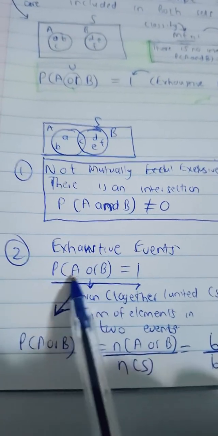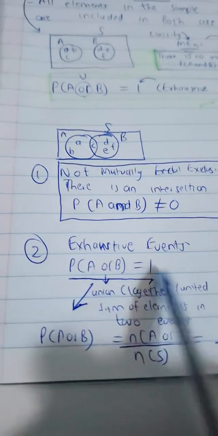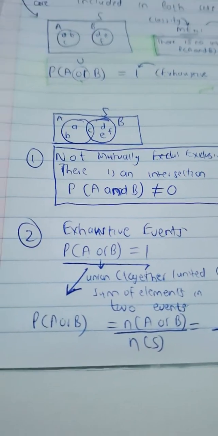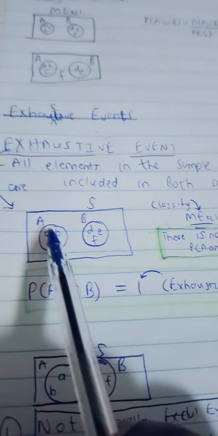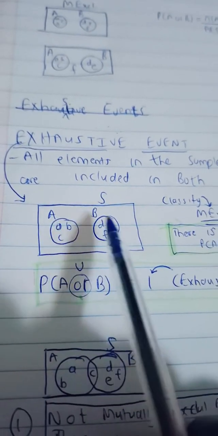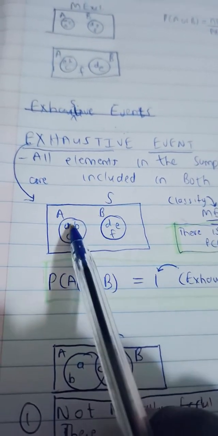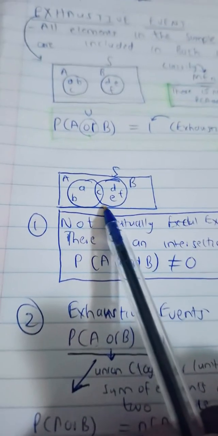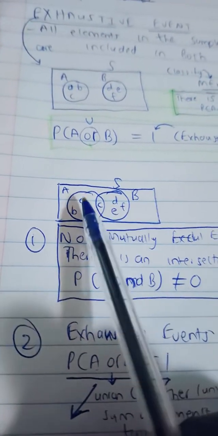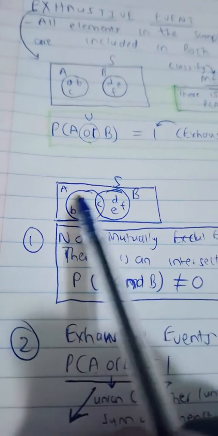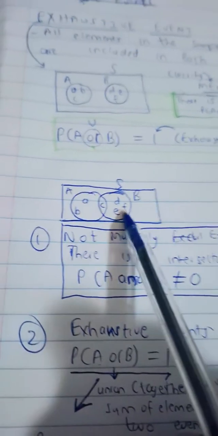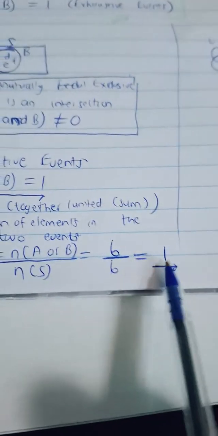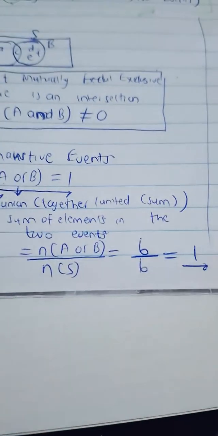In other words, the union of the two events, its probability will give you 1 all the time. You guys saw it when the events were mutually exclusive and the elements were in the respective events, and you saw it when the events were not mutually exclusive but still the elements were in the events. You saw that the answer is giving 1.